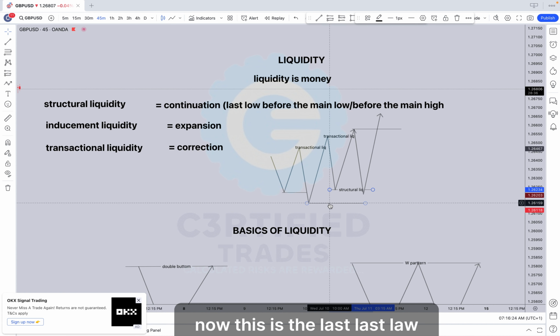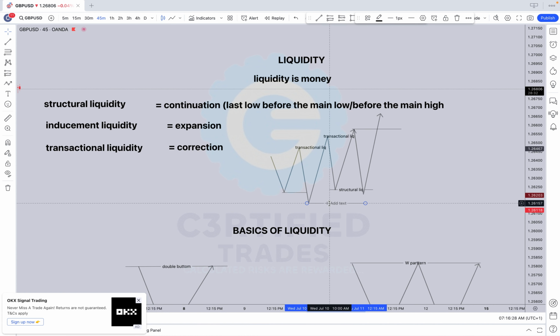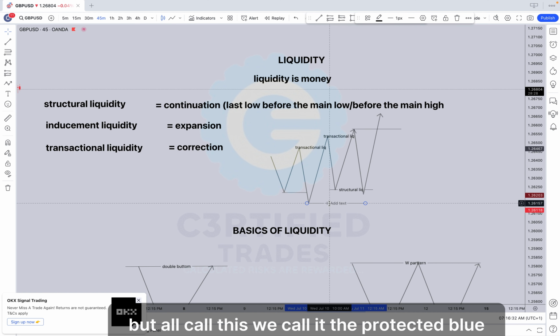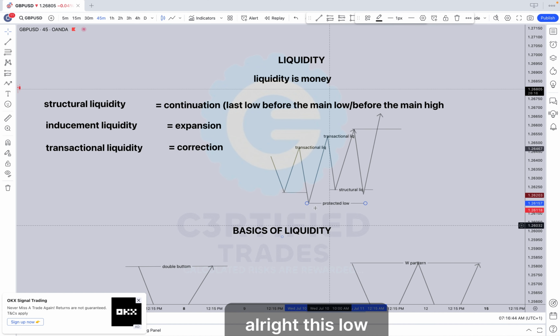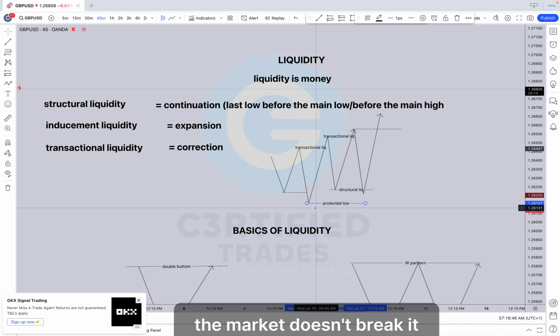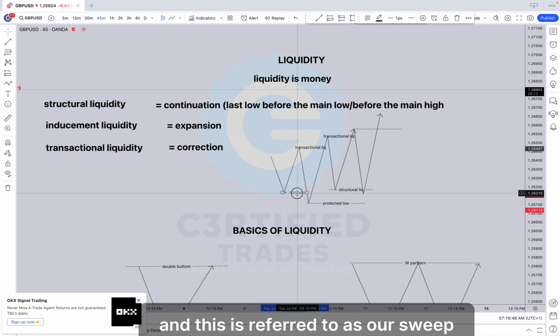All right, now this is the last low. We call it the protected low. All right, this low, the market doesn't break it, and this is referred to as our sweep.